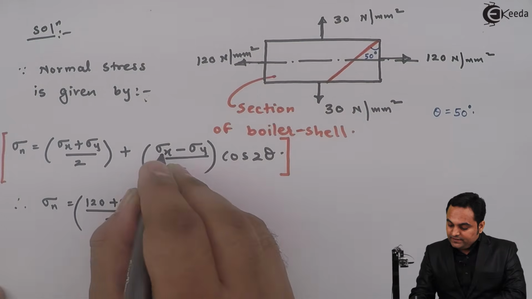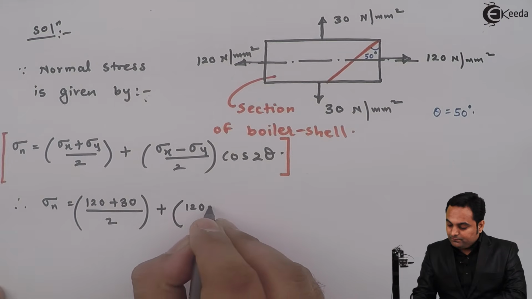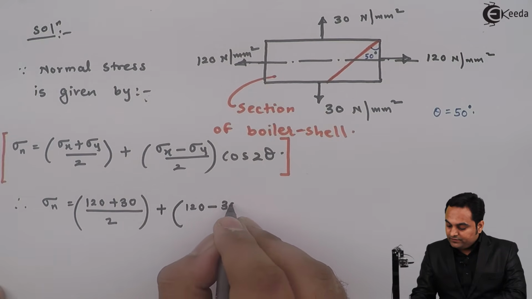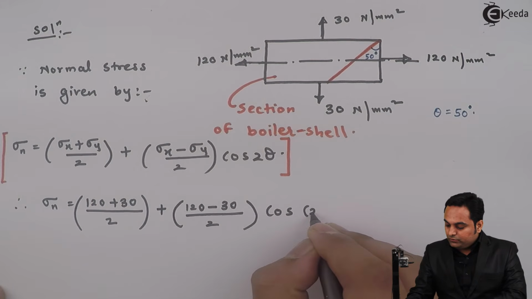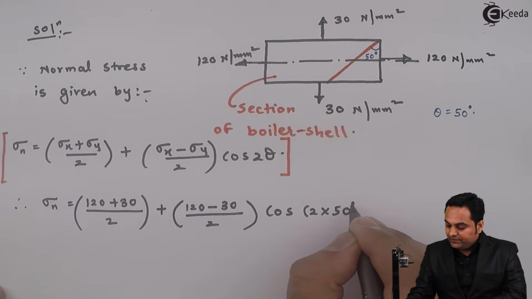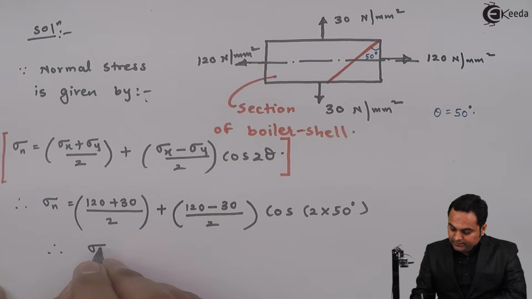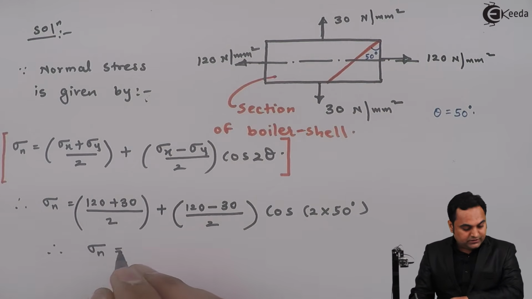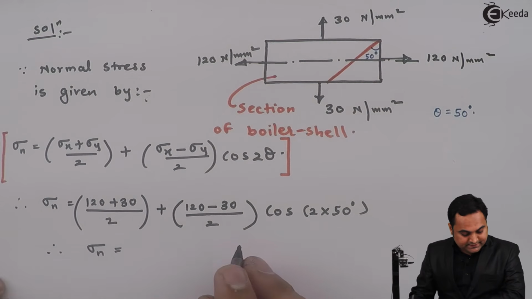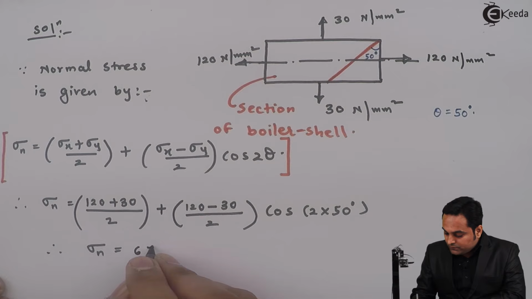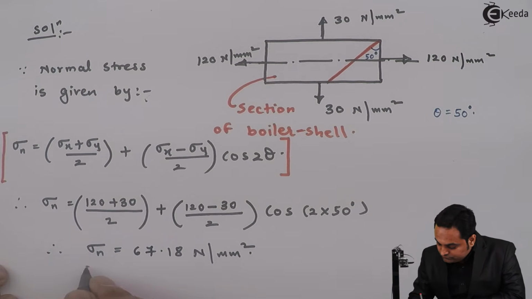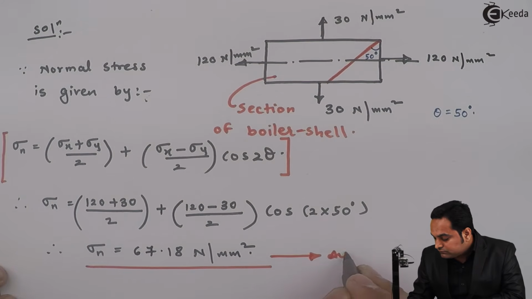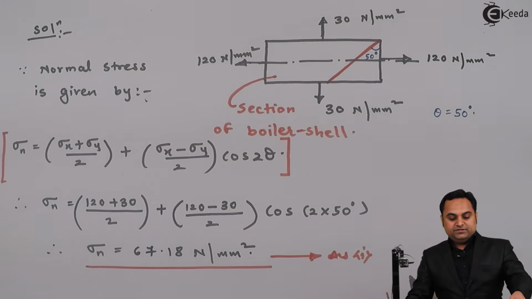Next, sigma x 120 minus sigma y 30 upon 2 cos 2 theta, that is 2 into 50 degree. So sigma n, the normal stress value, comes out to be 67.18 Newton per mm square. So this is the first answer.